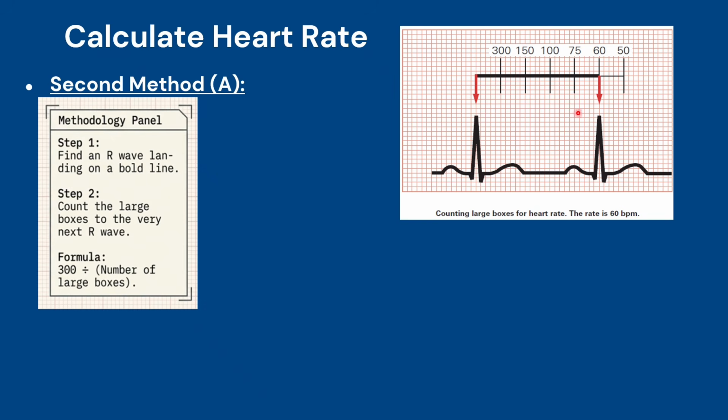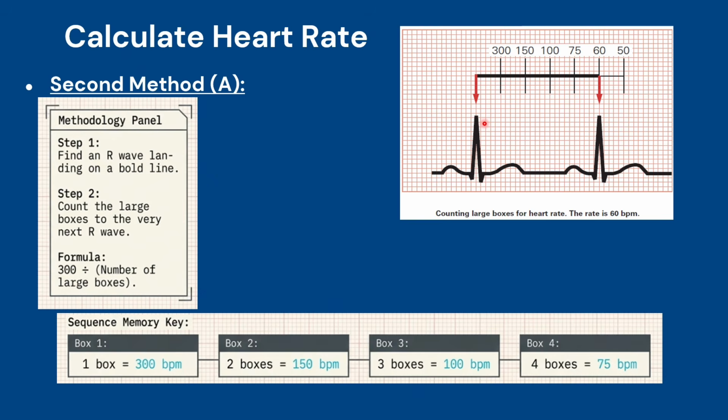So divide 300 by the number of large boxes. This will give you the heart rate. So for example, if the distance between the two R waves is 1 square, it will give you a heart rate of 300. 300 by 1 is 300. 2, 150. 3, 100. 4, 75. 5, 60, and so on.